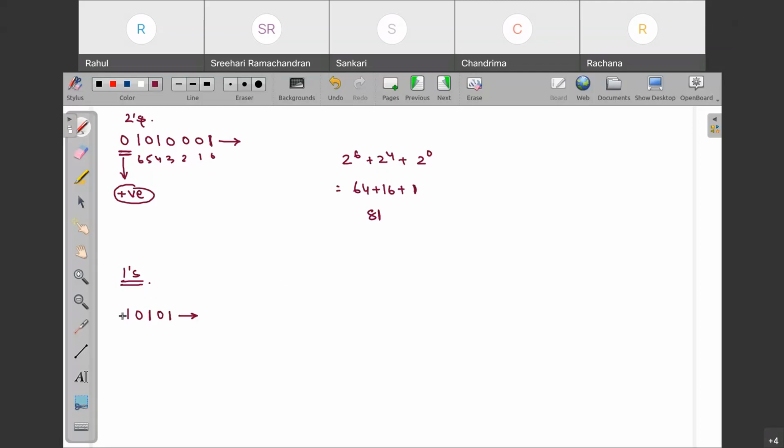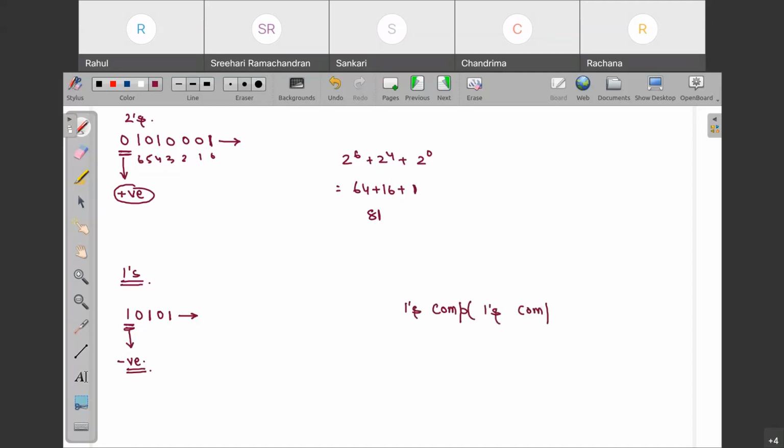So look over here. This number I told you is in 1's complement. Again, look at the leftmost bit, it is 1. So 1 corresponds to a negative number. If this is a negative number, for getting the original number, you need to take the 1's complement of the given 1's complement number.